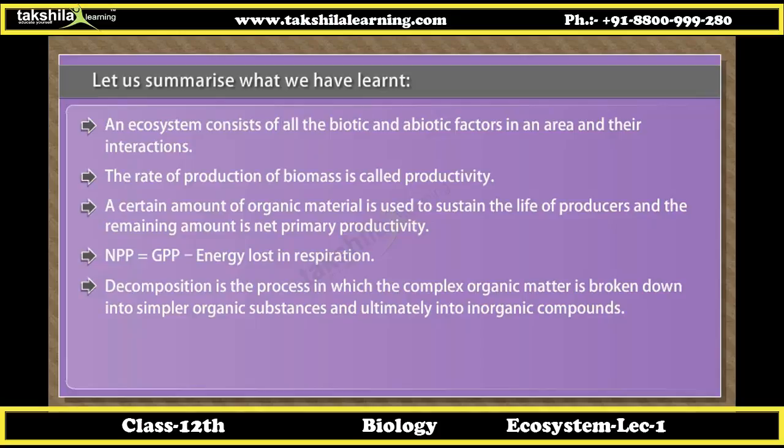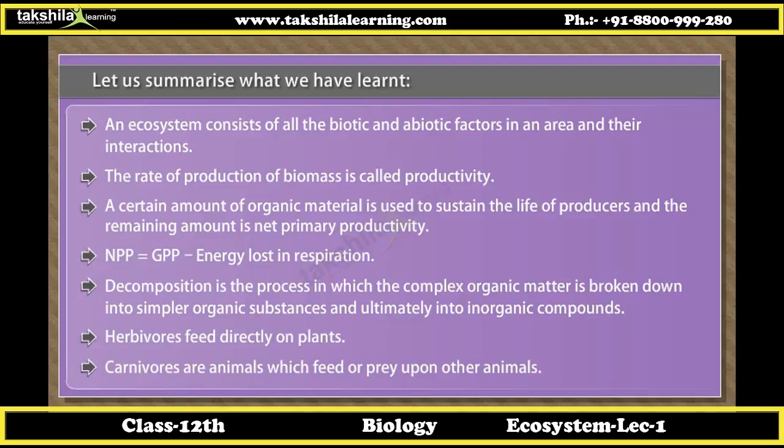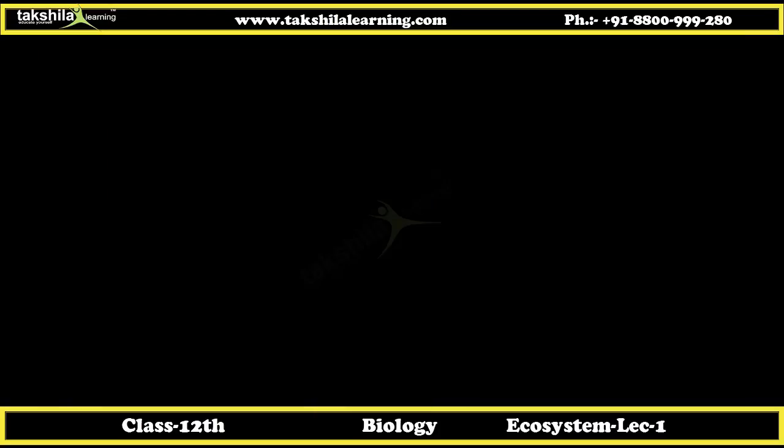Decomposition is the process in which complex organic matter is broken down into simpler organic substances and ultimately into inorganic compounds. Herbivores feed directly on plants. Carnivores are animals which feed or prey upon other animals.